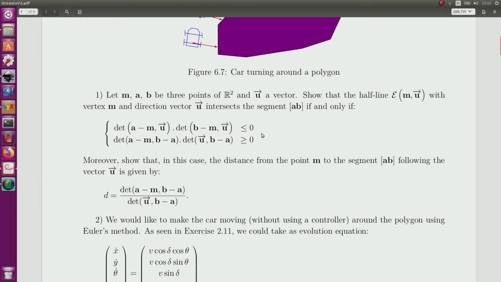To satisfy these inequalities, we need to know U, B, and M. And then, if these conditions are satisfied, the distance returned by the laser, or if you prefer, the distance from the point M to the segment AB following the direction U, is given by this expression, and it is what we'll have to prove.